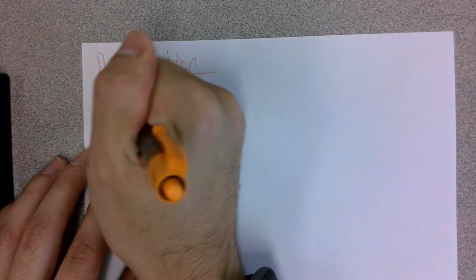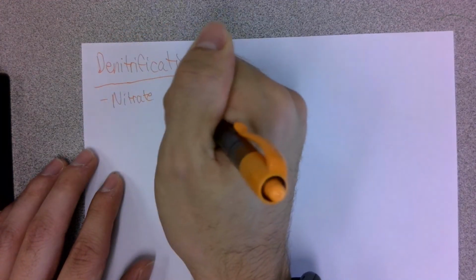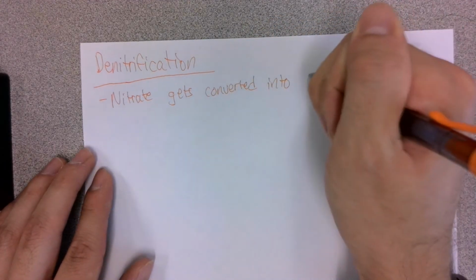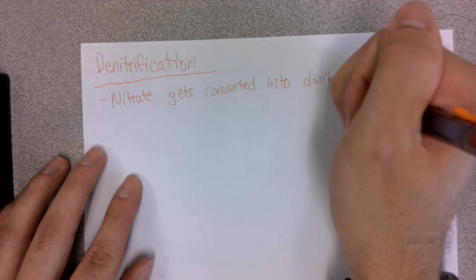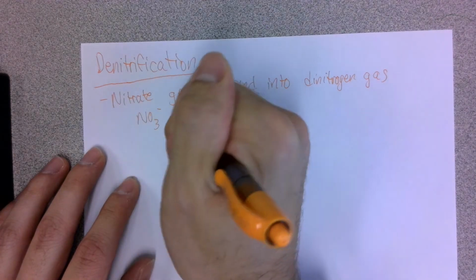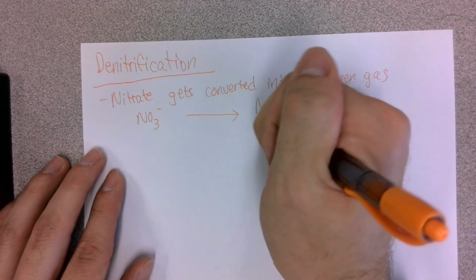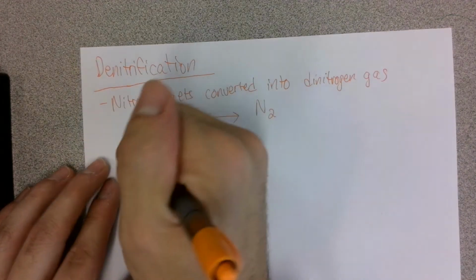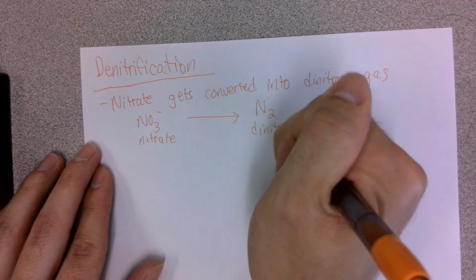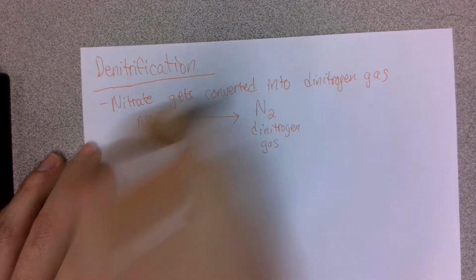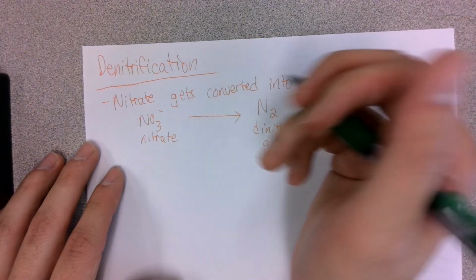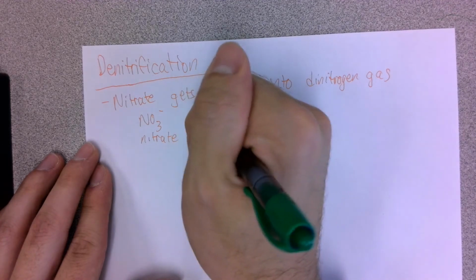So nitrate gets converted into dinitrogen gas. Again, this is nitrate, and this is dinitrogen gas. Who is doing this? They get grouped together into a giant group of bacteria known as denitrifying bacteria.